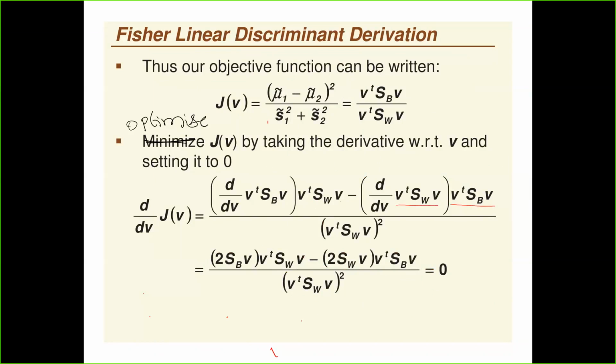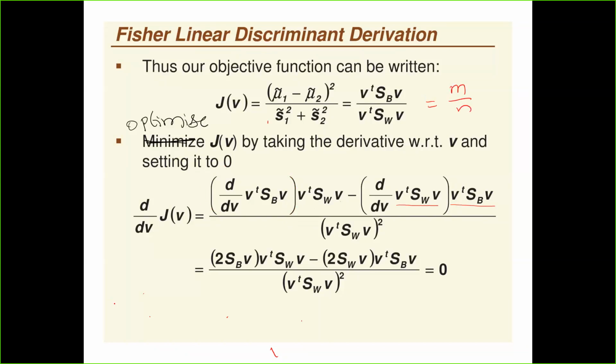No, the first term in the numerator, d by dV, sir. V transpose V, how is this solved? Because you are getting 2 SB V. Sir, here this is of the form, let's say, m by n.